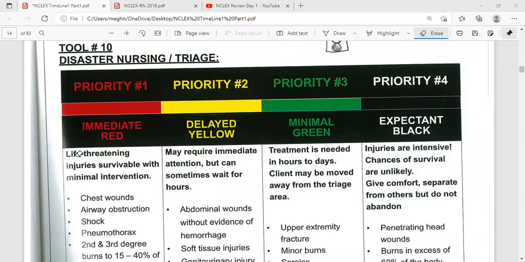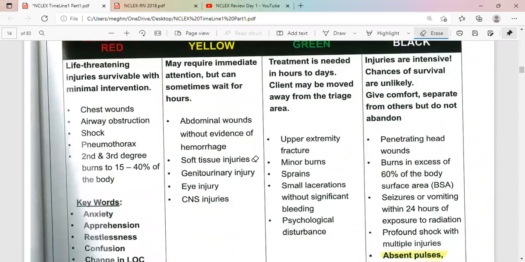So red one, life-threatening injuries or survival with the minimal intervention. So if you help a little bit, your patient can survive. And if you do not, your patient will die. Like chest wound, ribs broken. If you do not fix it, patient can die. Airway obstruction means if you remove the obstacle, patient will be okay.